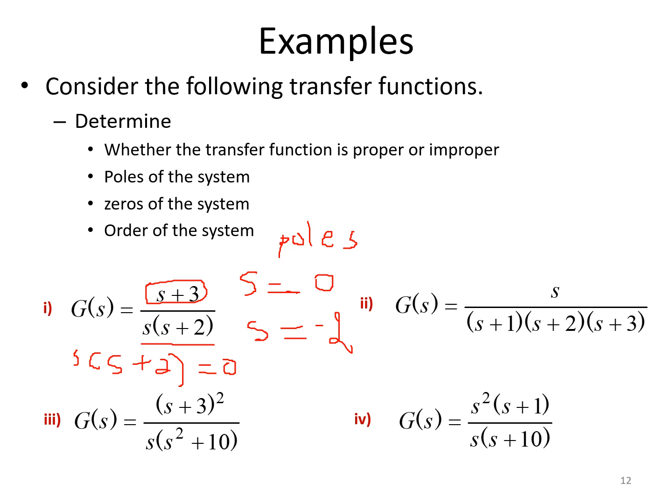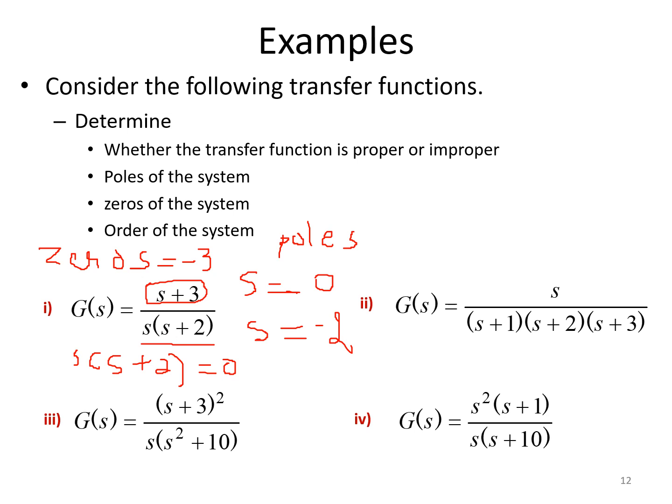Similarly, if I equate my numerator to 0, I get the zero location as s equal to minus 3. So in this transfer function, I have one zero at s equal to minus 3 and two poles at s equal to 0 and minus 2.